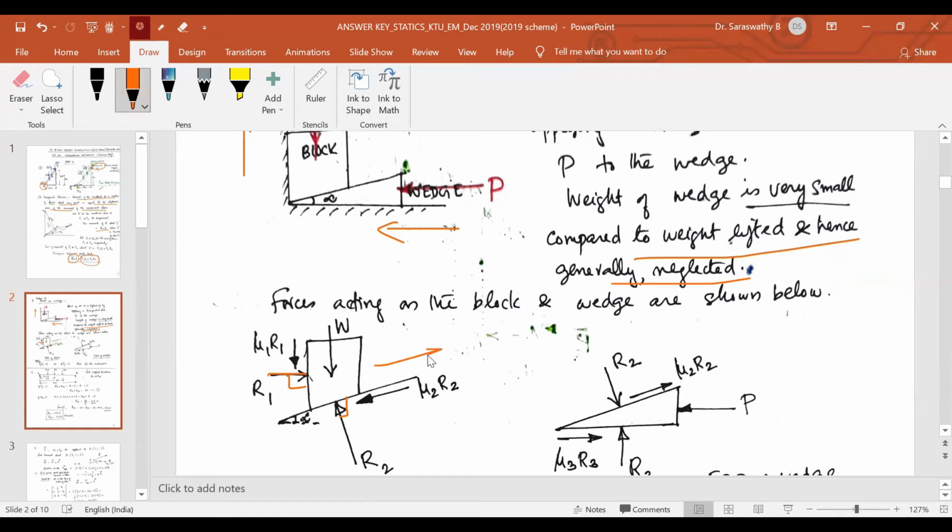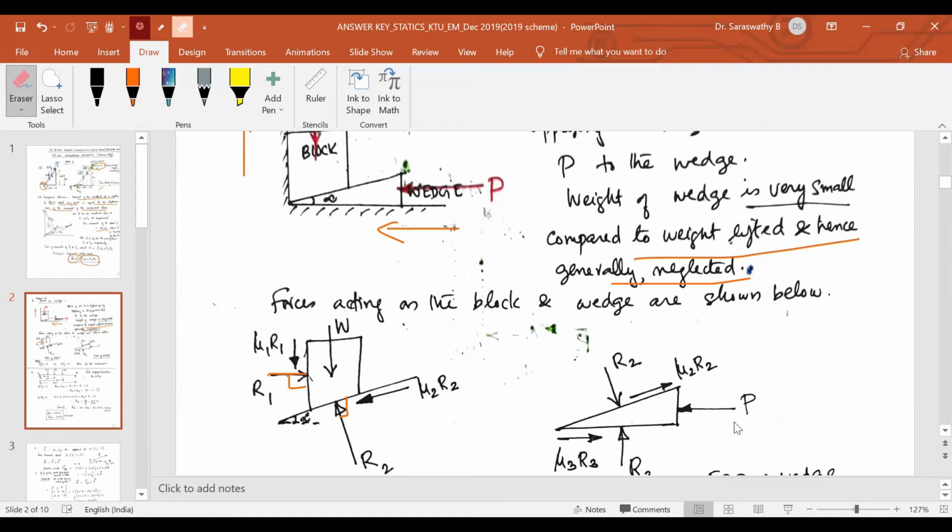This is the direction of motion. So the frictional force will be acting downwards. So these are the forces in the free body diagram of the block. The various forces: one vertical force, mu1 R1. The second, R1, normal to the vertical wall. R2, normal to this inclined surface. Then frictional force acting downward.